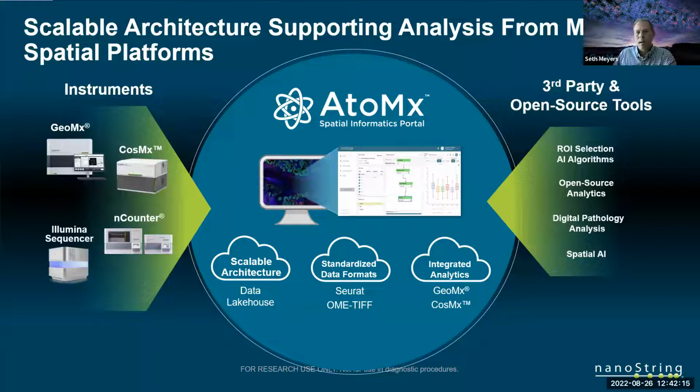So building out for region of interest selections using AI algorithms, open source analytics, digital pathology analysis, and spatial AI. It really helps us to build today and work with GeoMx data sets as well as CosMx data sets, but really gives us an idea of the future of being able to incorporate lots of other data sets as well. Really getting us ready for the cloud, third-party analytics and open source or even custom modules.